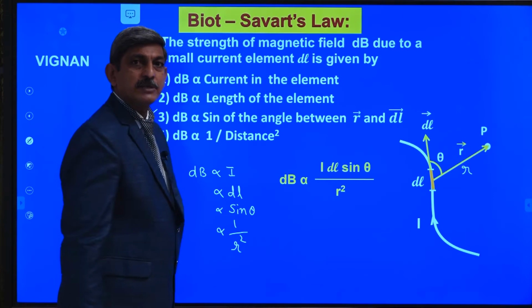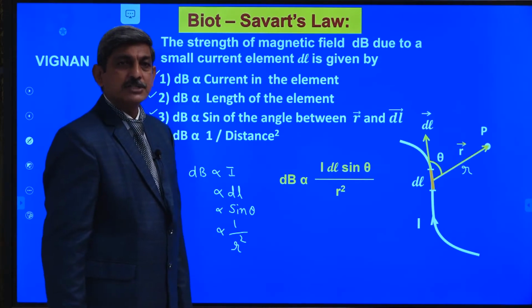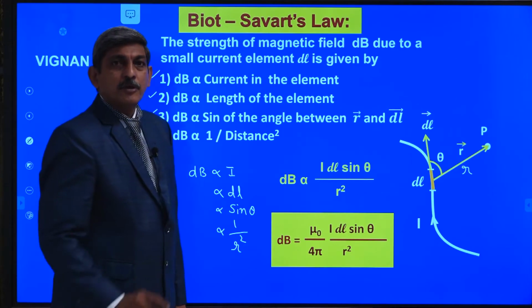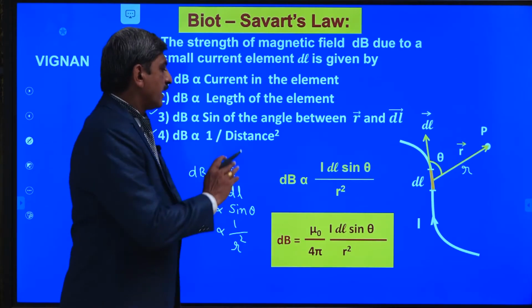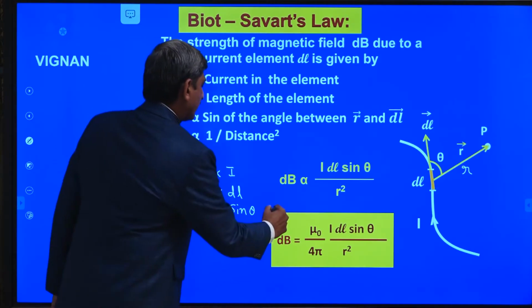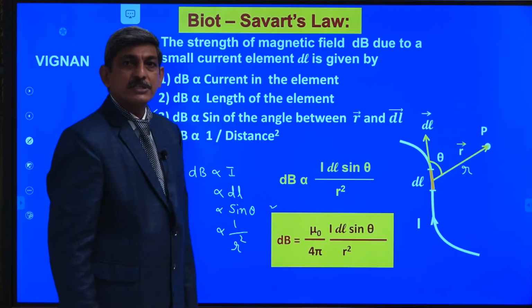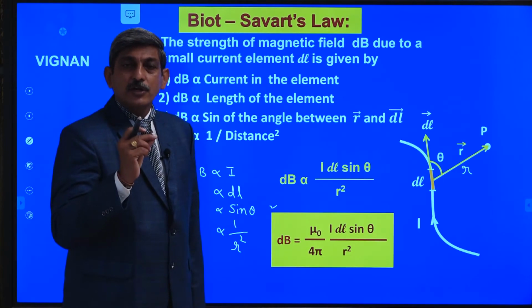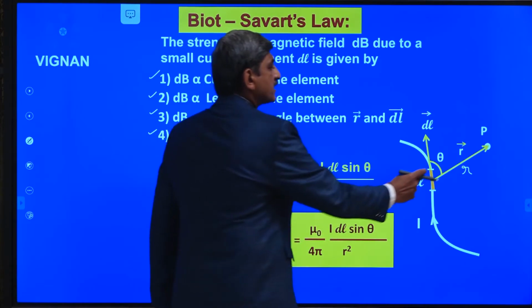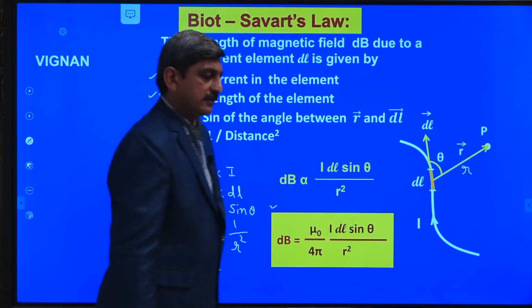This proportionality can be eliminated by introducing a constant. From that we have dB is equal to mu naught by 4 pi I dl sine theta divided by r square. This gives the strength of the magnetic field produced by the small current carrying element at a distance r from the given element.